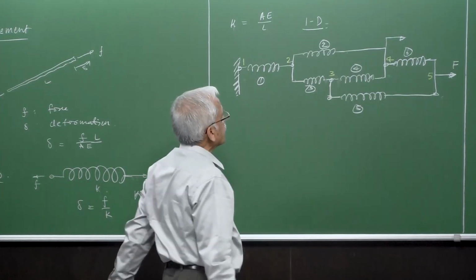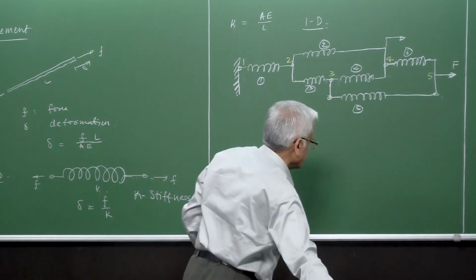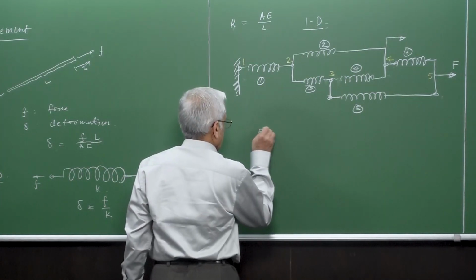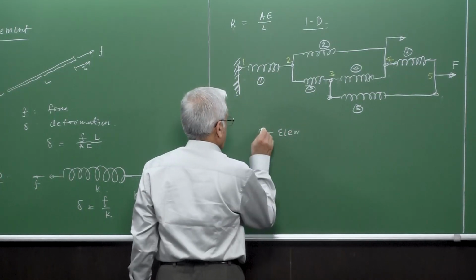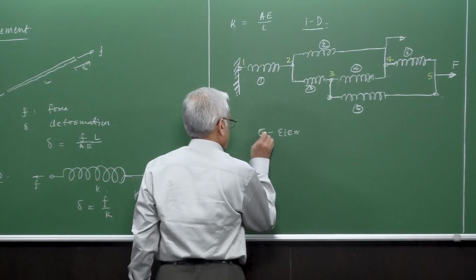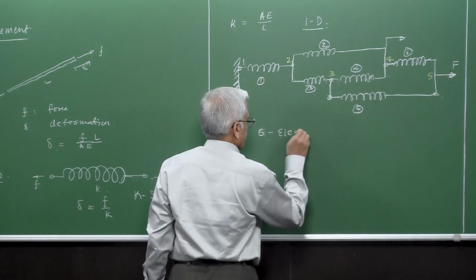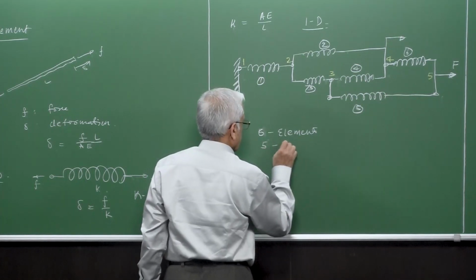So we have 5 nodes and 6 elements, right? So in this particular example, we have 6 elements and 5 nodes.